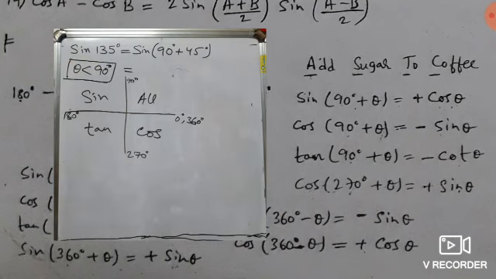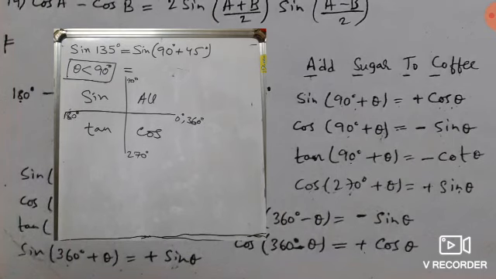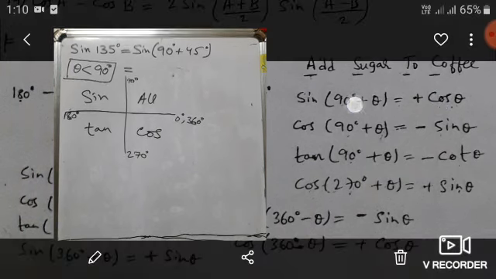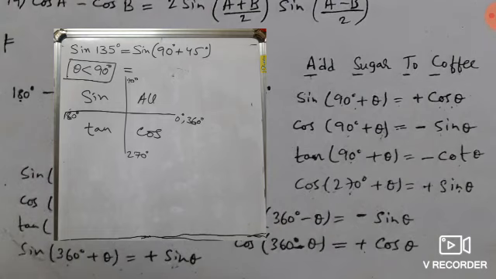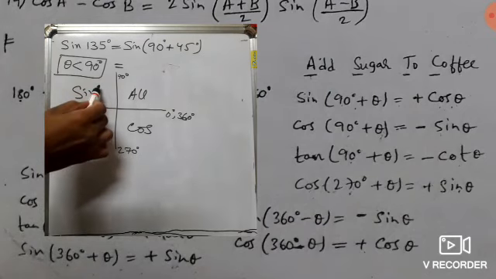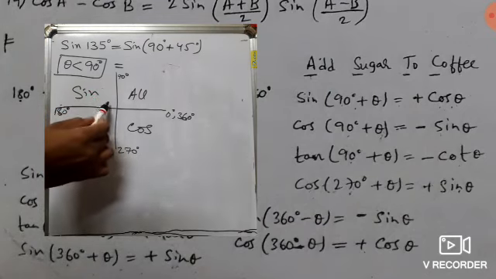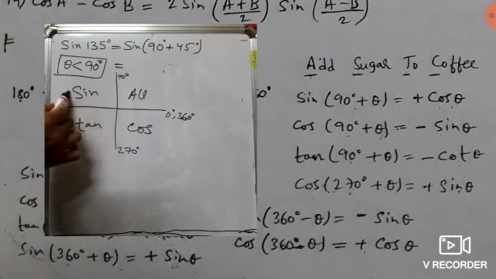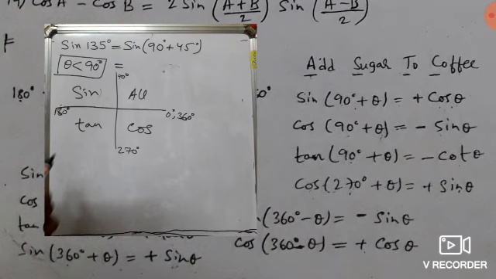So sine of 90 degree plus 45 degree will give you cos 45 degree with a plus sign. Why? Sine of 90 plus theta will fall in the second quadrant. This we can see: 90 degree plus 45 degree, meaning 135 degree, will fall in the second quadrant, and here the value of sine theta is positive.